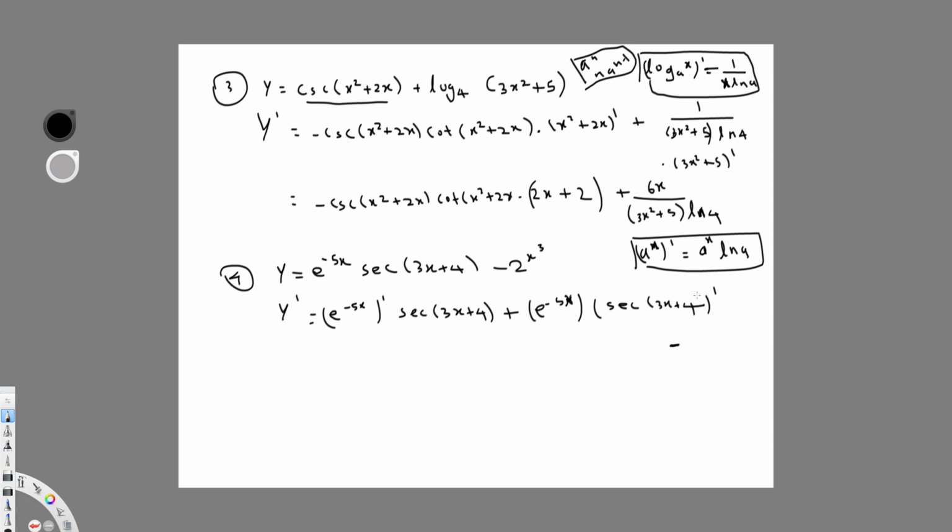I have to use the same thing right here. So if I use that for this one, it's actually 2 to the power of x cubed, times ln 2, and I have to find the derivative of x cubed separately.